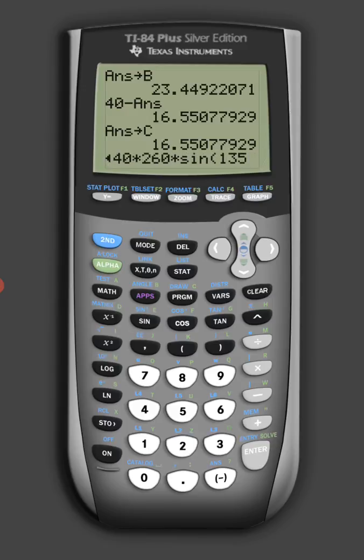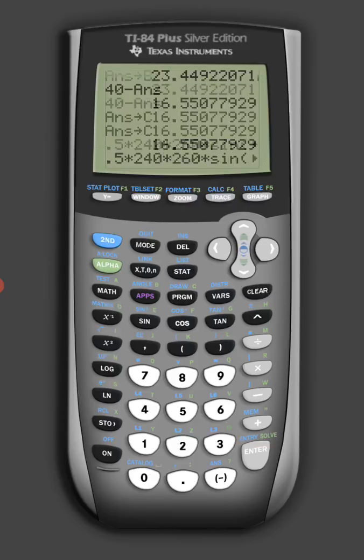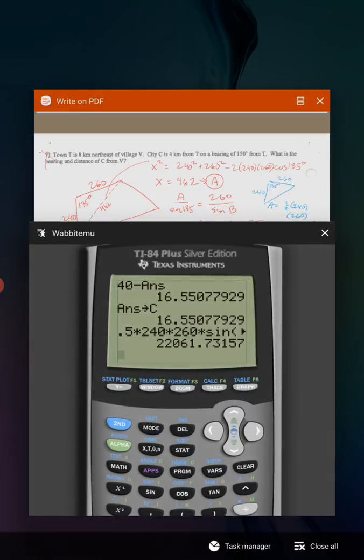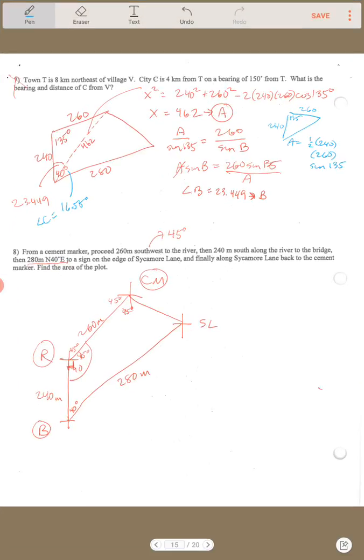We know that's basically sine of a 45-degree angle, which is root 2 over 2, but let's get the decimal value there. That's an area of 22,061.73 meters squared. So that's the area of our first triangle, this space right there.